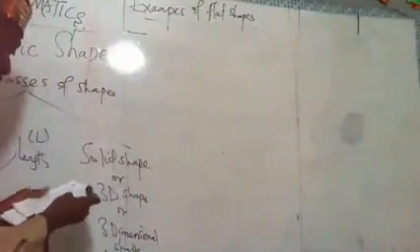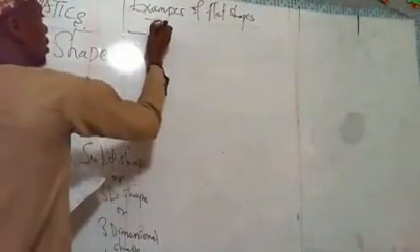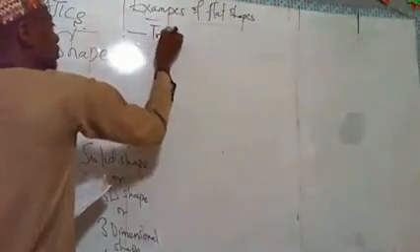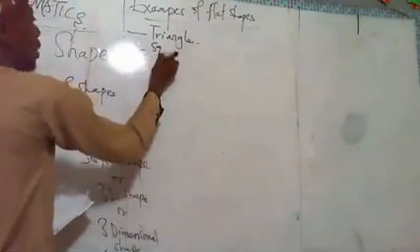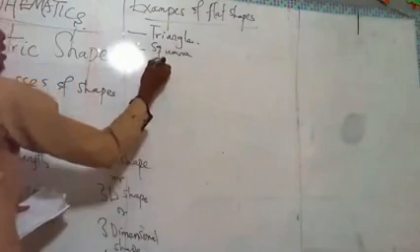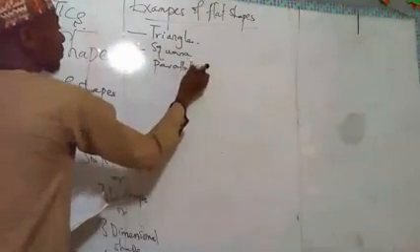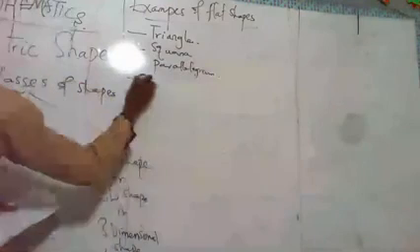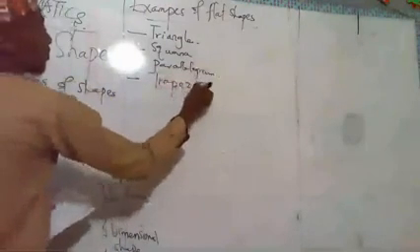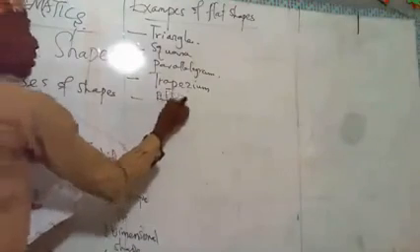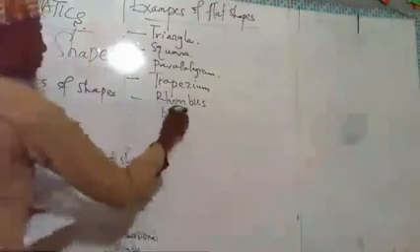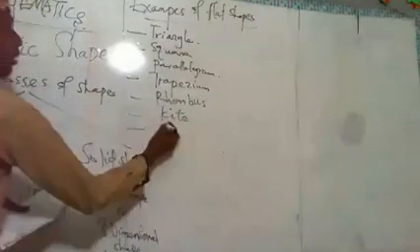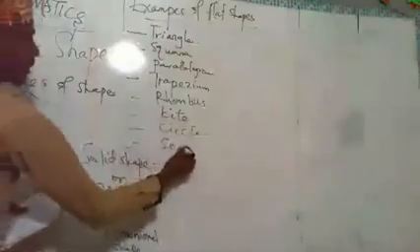Now let's take flat shapes. Examples. We can talk about triangle, square, parallelogram, trapezium, rhombus, kite, semicircle.